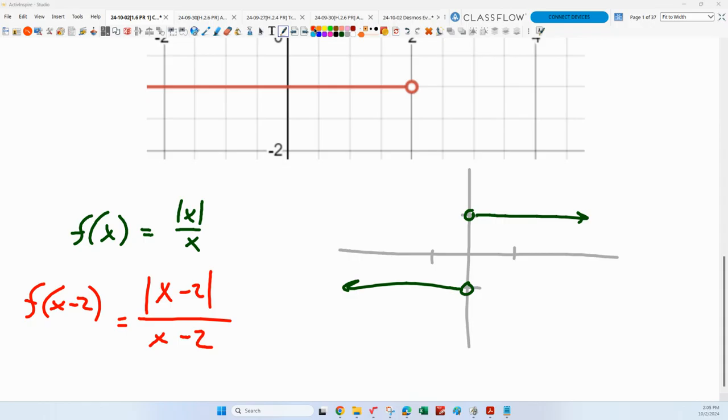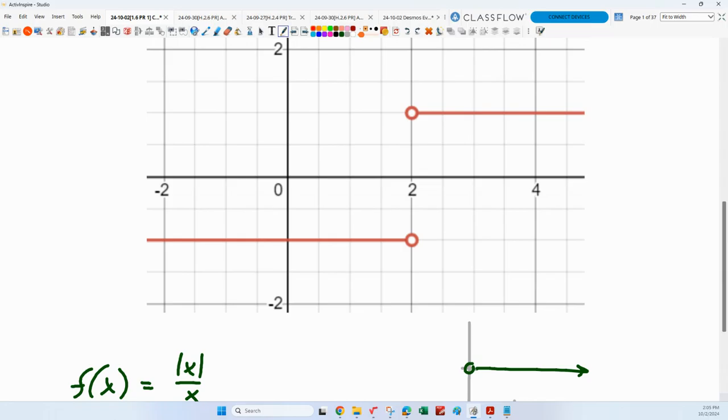Right, 2. Exactly. If I subtract 2 from the input variable, that moves it to the right by 2. That's part of our transformations of functions. So that's probably the easiest way to come up with it in your brain real quick. That's what this thing has to look like, because it's just been translated 2 to the right.